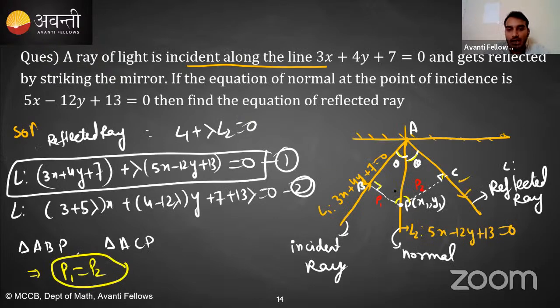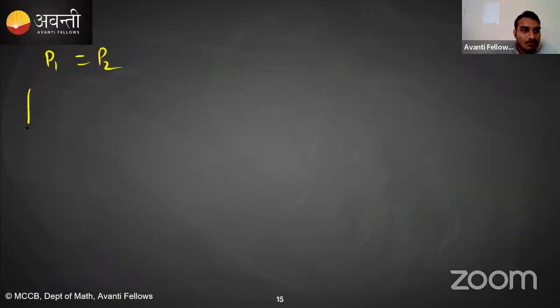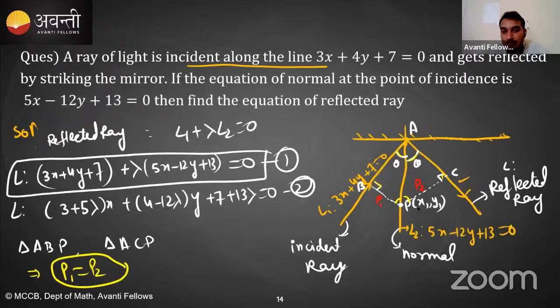What is P1? P1 is the length of perpendicular drawn from point P on line L1. So which is 3x1 plus 4y1 plus 7. So P1 is 3x1 plus 4y1 plus 7 upon under root of 3 square plus 4 square is equal to, what is P2? P2 is the length of perpendicular drawn from the point P on the reflected ray, and this is the reflected ray. Clear? तो इसमें डाल दो.